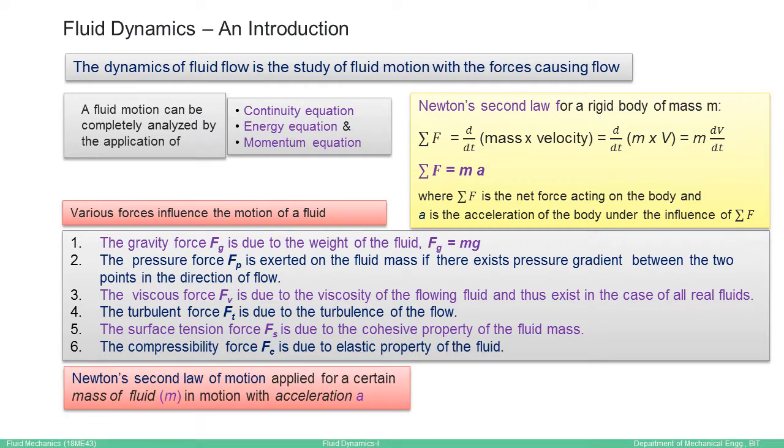By applying these forces in Newton's second law of motion for a fluid, we have the equation of motion: ma is equal to the sum of all the forces. Depending on the types of forces considered in a problem, we can have different variations of equations of motion.